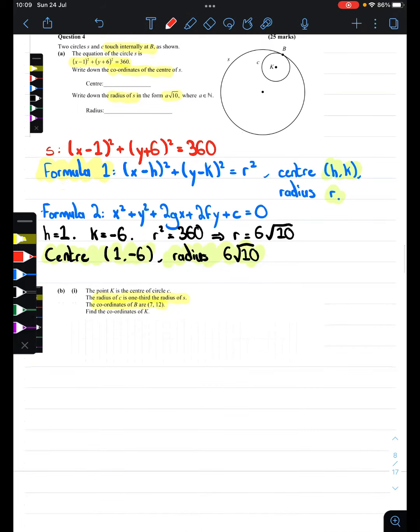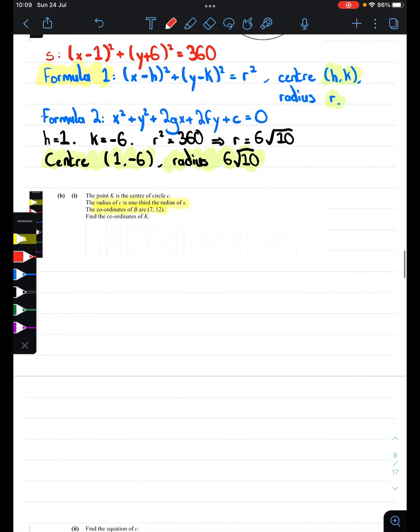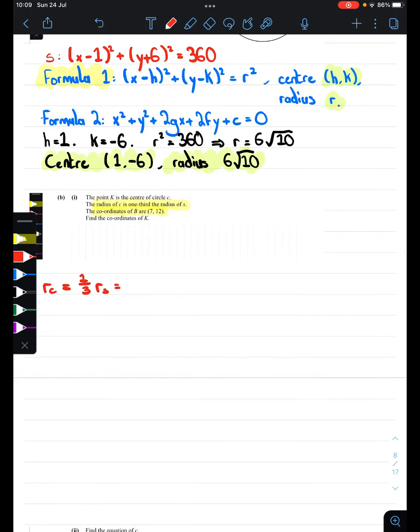So first of all, let's write down what the question is telling us. The radius of C, let's call that RC, is equal to 1/3 the radius of S. So we can calculate RC because we've just calculated the radius of S in the previous question. This is just 1/3 by 6 root 10, which equals 2 root 10.